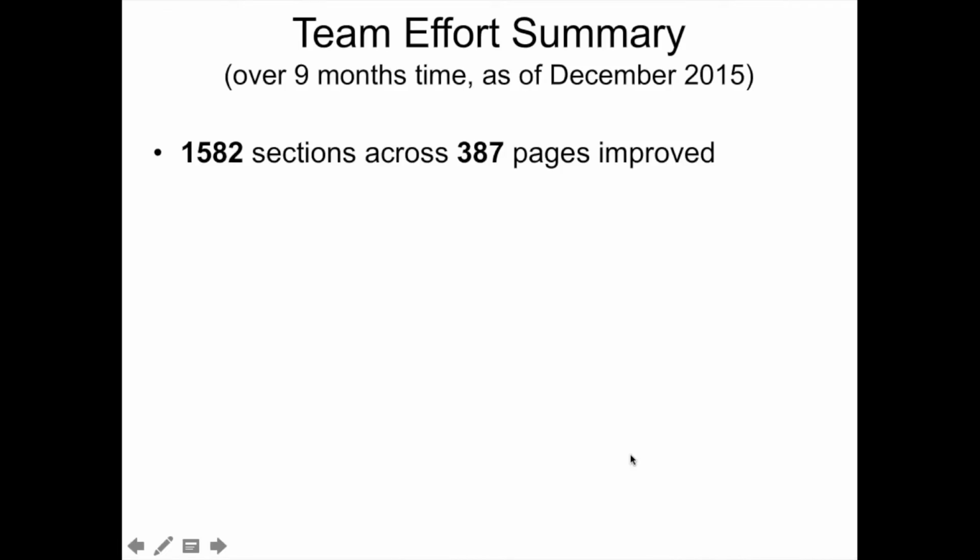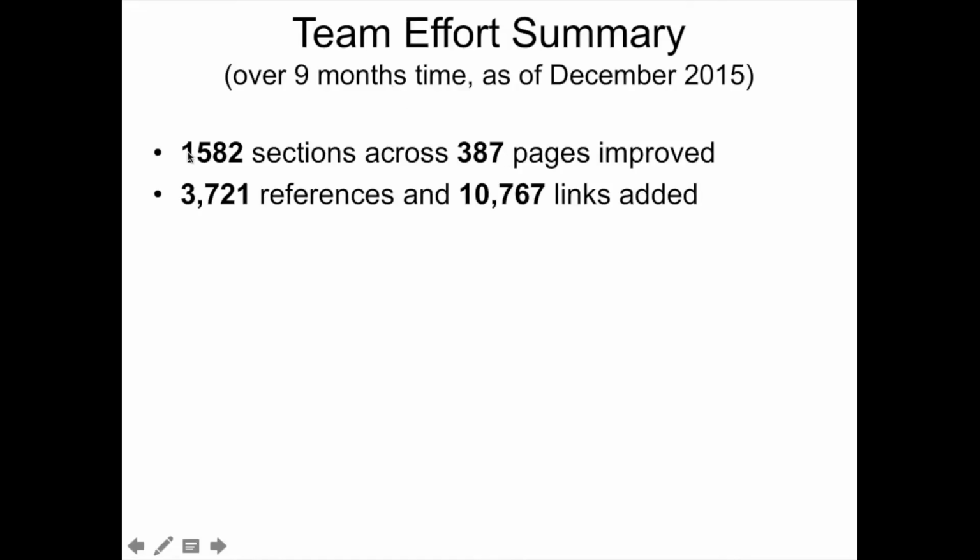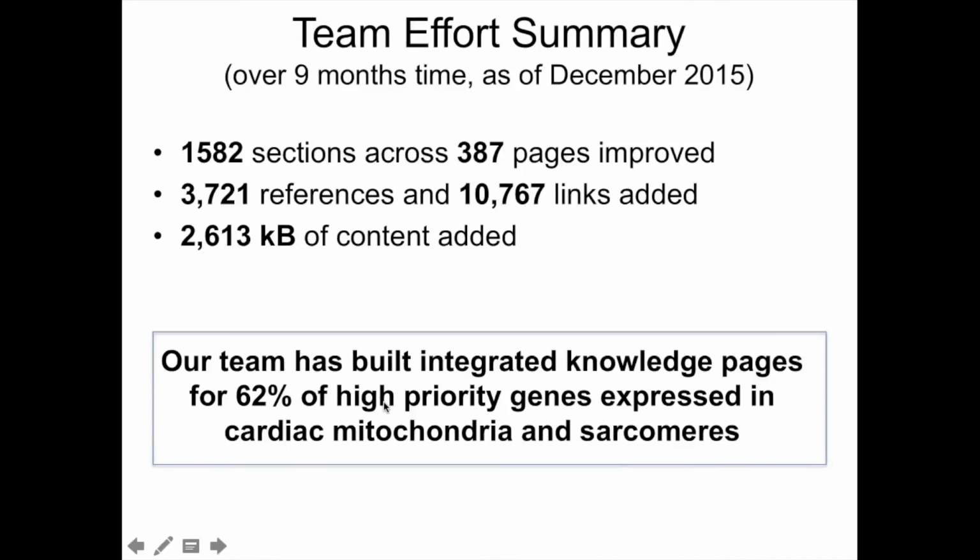In bullet point format, we've improved nearly 1,600 sections across 387 pages. We've added over 3,700 references and over 10,700 links, totaling just over 2,600 kilobytes of content. This puts us at a 62% completion rate for all the cardiac genes expressed within these two subproteomes.